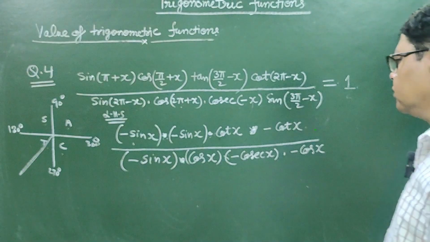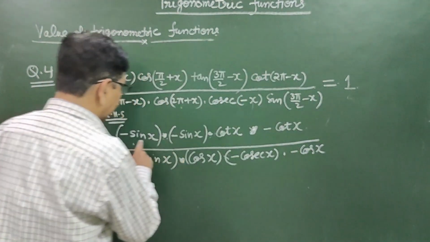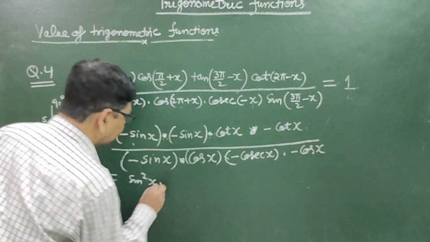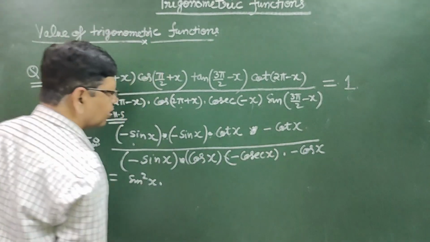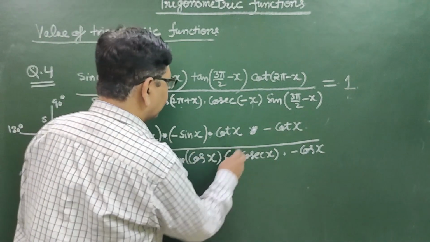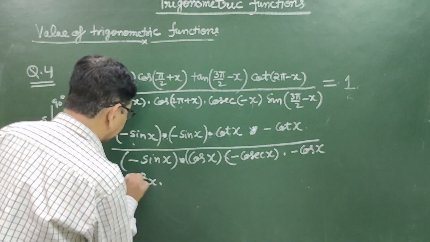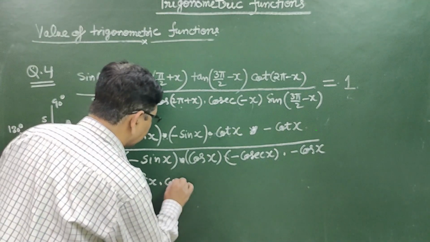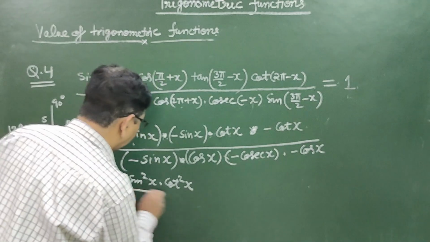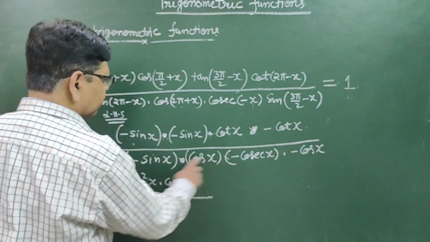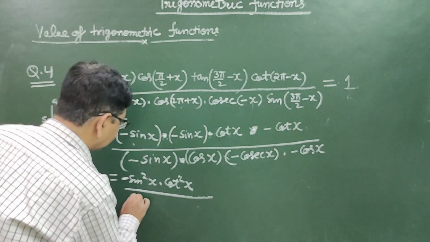So we have here sin square x: minus sin x into minus sin x is sin square x, into cot square x, into minus cot square x. That is the overall sign is negative, sin square x into cot square x, upon here minus minus plus and minus sign.